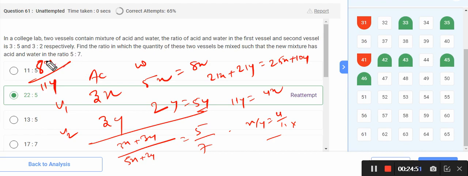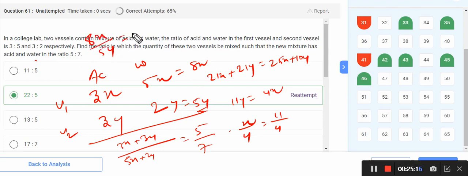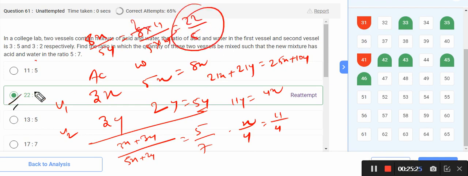So the value of x is... I have written this ratio wrong, it will be 11 by 4. Now we have to find out this ratio, 8x by 5y. So now put the value of x, so 8 into 11, and put the value of y as 4, so 4 into 5, so this is 22 by 5. This is the final answer.